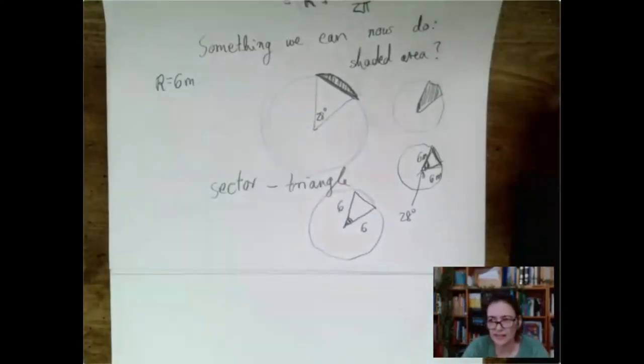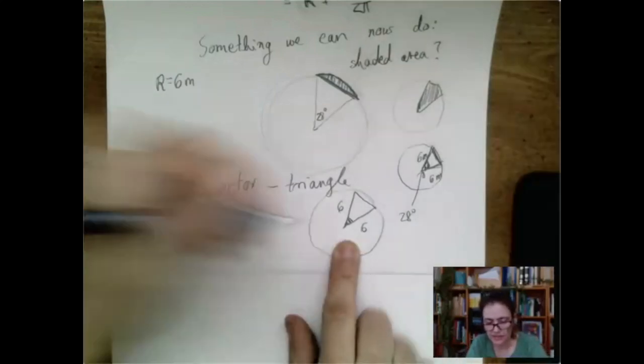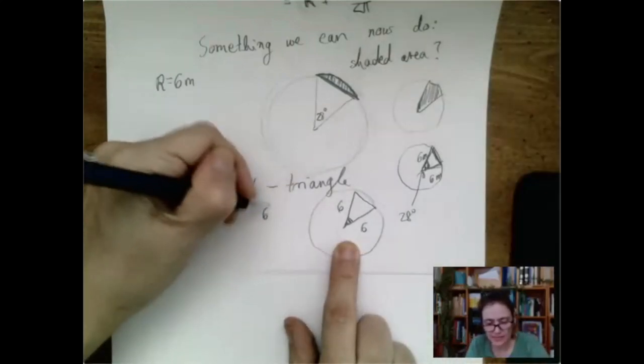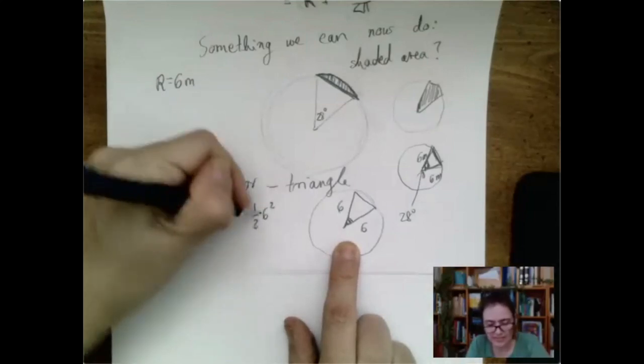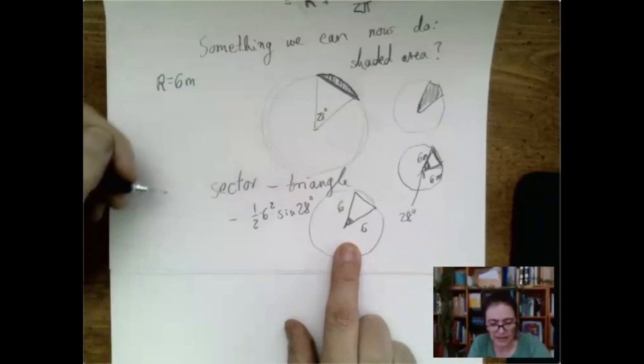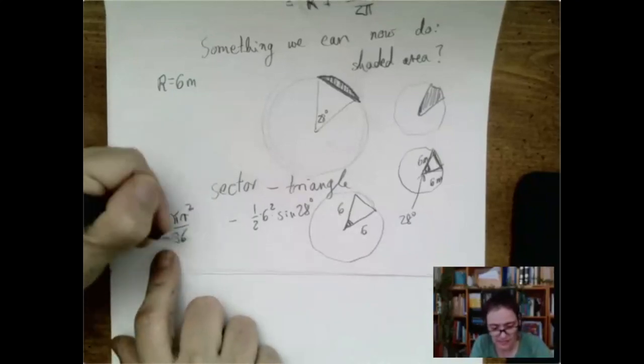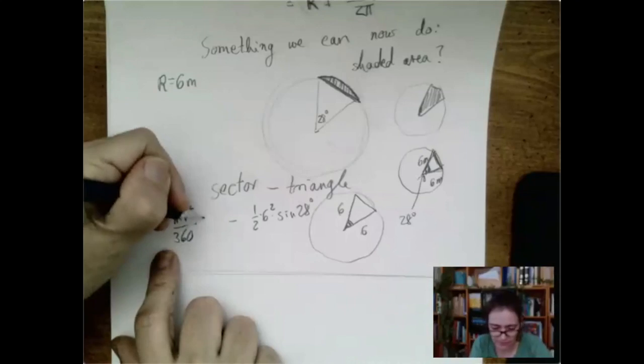Now, you could do it right after right triangle trigonometry, but now it's really easy with that new sine formula. The triangle's area is 1/2 times 6 times 6 times sine 28. There, done. And then the sector is going to be pi r squared over 360 times 28.